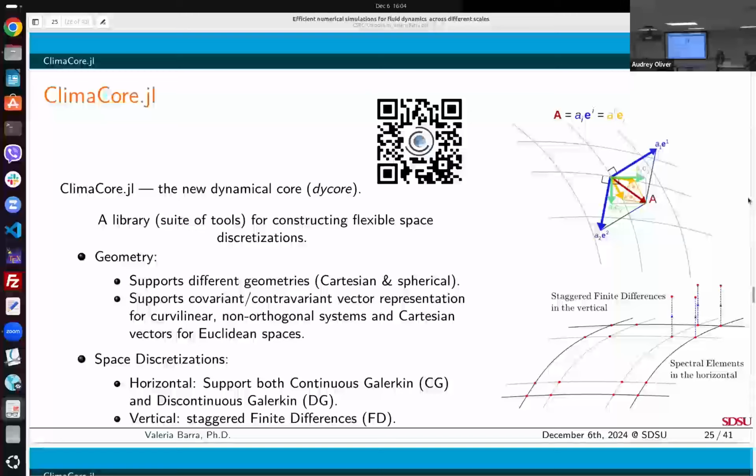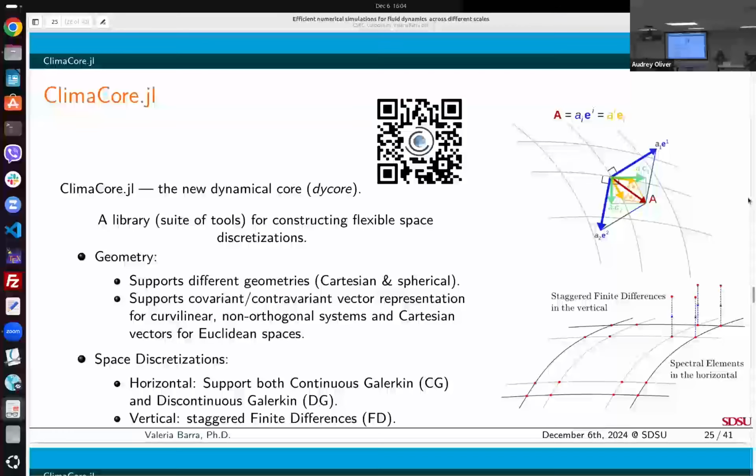This is because the atmosphere is a very thin shell. Processes that happen in the vertical have a much different scale than processes in the horizontal. We only have a 45 kilometer high atmosphere, as opposed to the radius of the Earth.